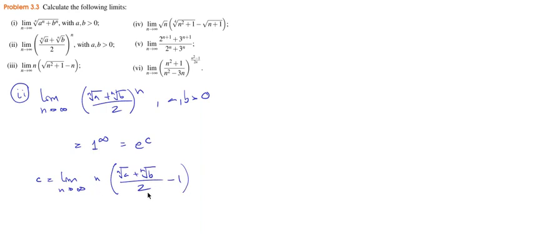Now the difficult part is to compute this thing. So we have the limit when n goes to infinity of n times the nth root of a minus 1 over 2, plus the nth root of b minus 1 over 2.